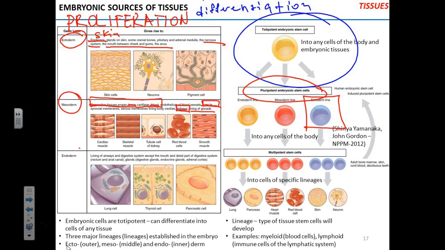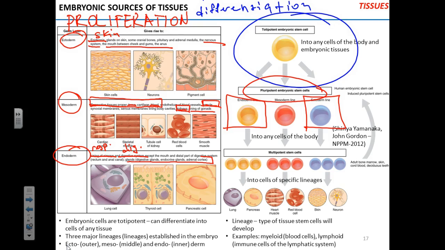And then finally, endoderm. It gives rise to the organs that are sort of hidden deep inside of you, such as the digestive and respiratory system, okay? So, know that digestive comes from endoderm, respiratory comes from endoderm, okay?